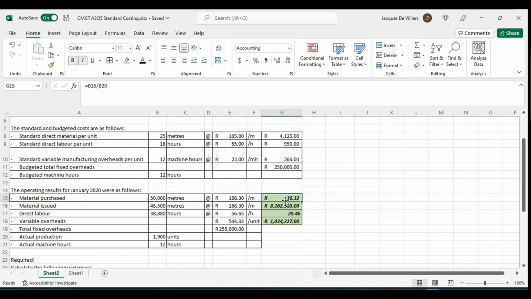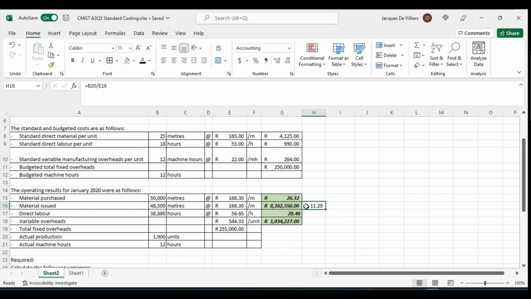You see, I've made a mistake here. No. See, that is why I do want that amount in there. So that's fine. I'm going to fix it. That is equal to 1,900 units divided by that.